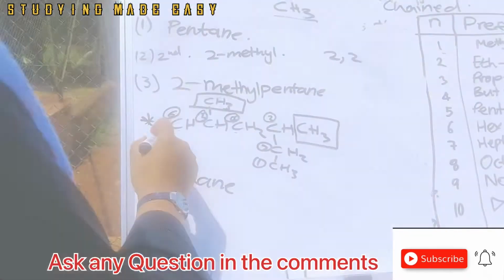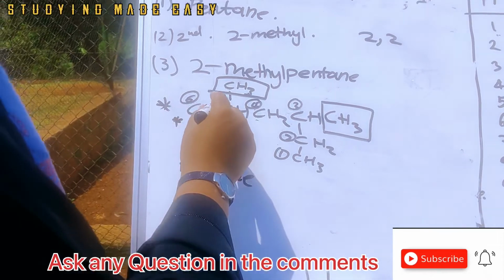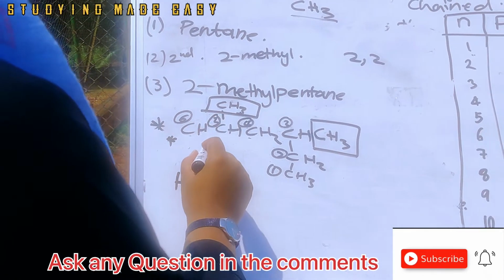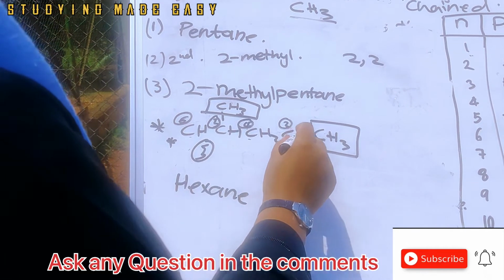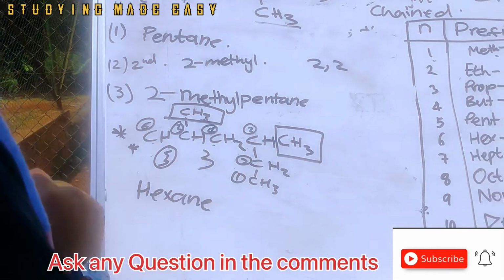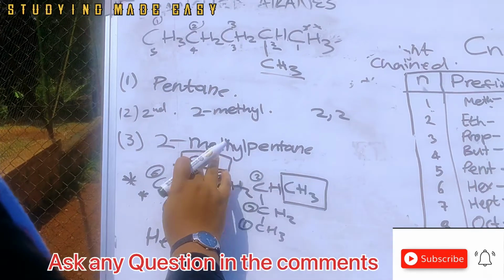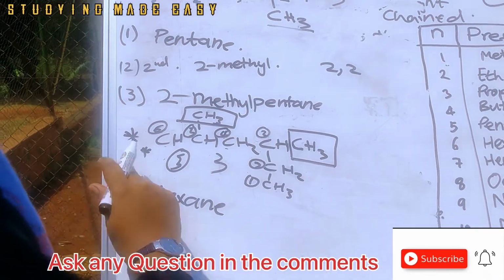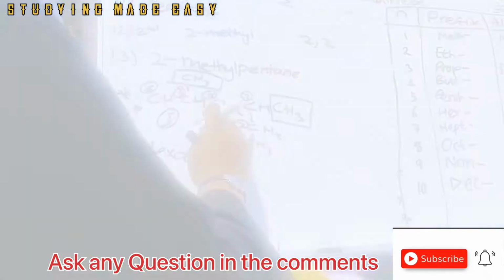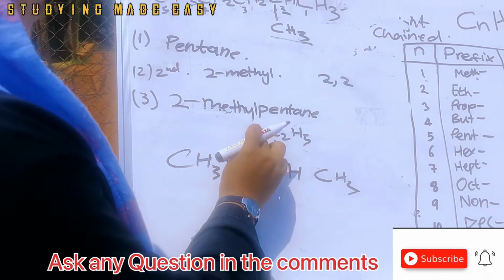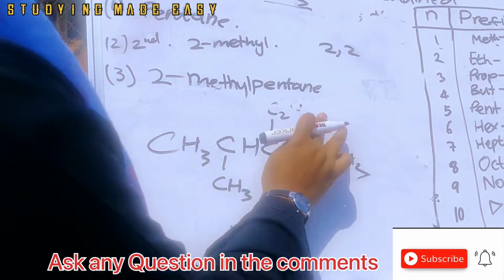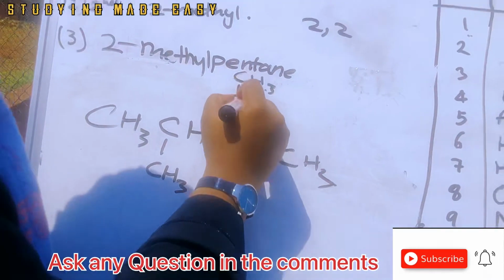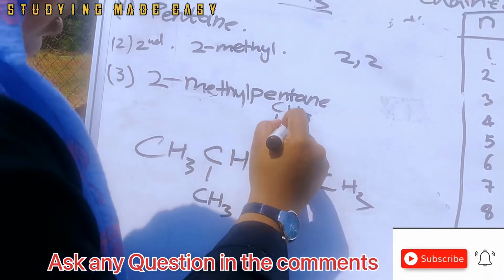So that means we have a methyl group here and a methyl group here. Alright? So if we count from this side, we'll find one of the methyl groups is on 5, and here it's on 3. Remember, this has 2 carbons, so 1, 2. If I open this, it will be CH2.